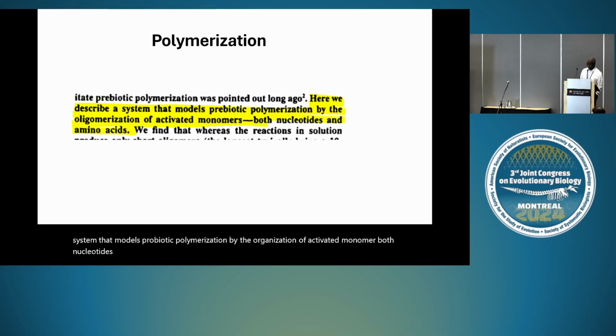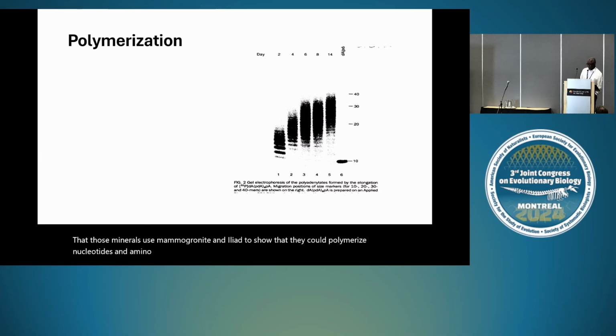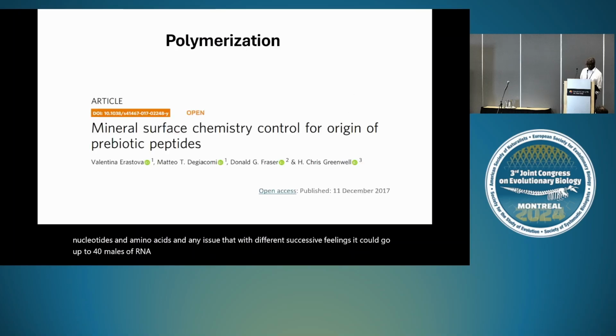So early on, he showed that those minerals, he used montmorillonite and illite, could polymerize nucleotides and amino acids. And he showed that with different successive feedings, it could go up to 40-mers of RNA or nucleotides or amino acids.